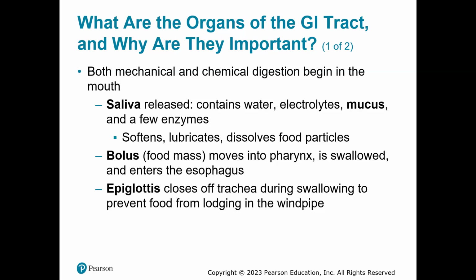So as we swallow, the epiglottis, which is a little piece of cartilage that sits around the opening to the larynx, kind of your voice box, if you will, comes into play. As we swallow, the larynx pulls up. It elevates a little bit in our throat, and that causes the epiglottis to cover over the opening to the trachea, so that the food gets directed to the esophagus instead.